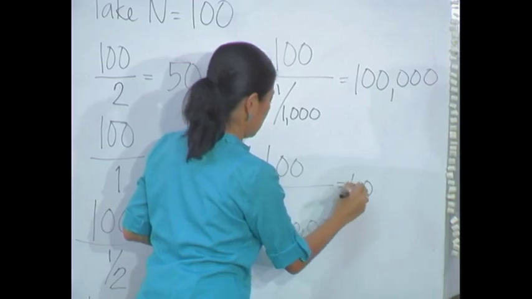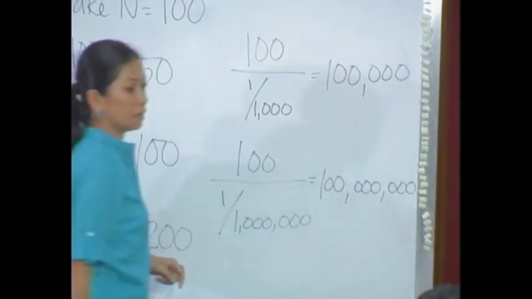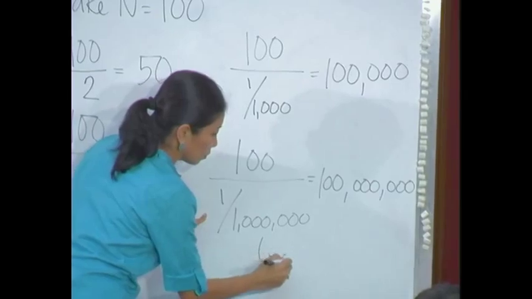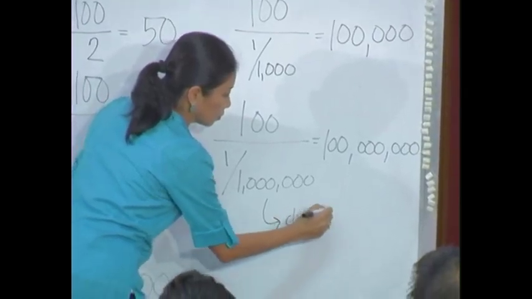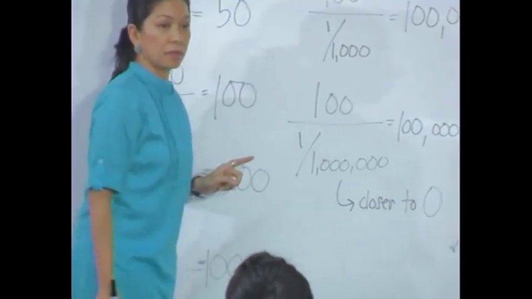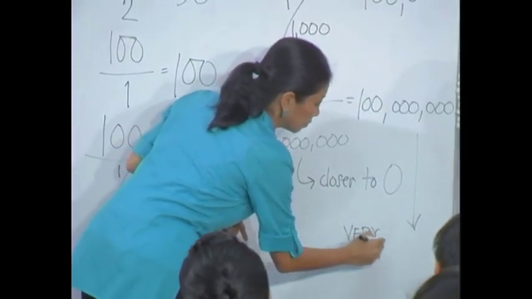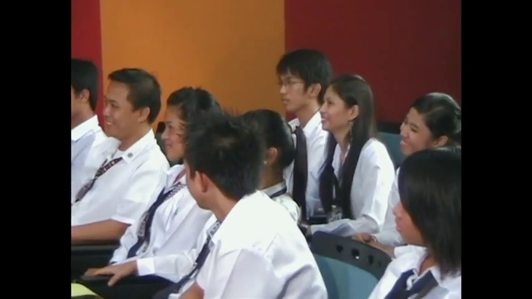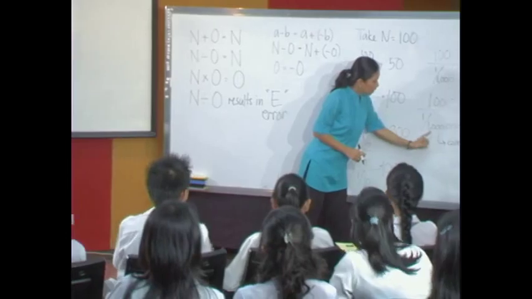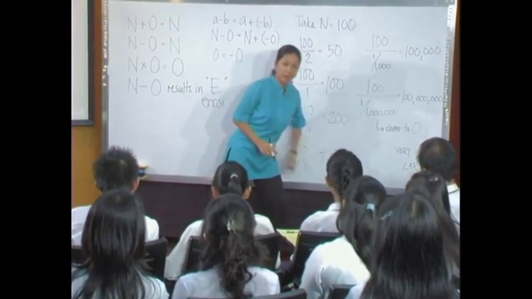Okay? See? So it seems that the closer this is to 0, the larger this becomes, very, very large. So division by a number closer to 0 gives you something very, very large.